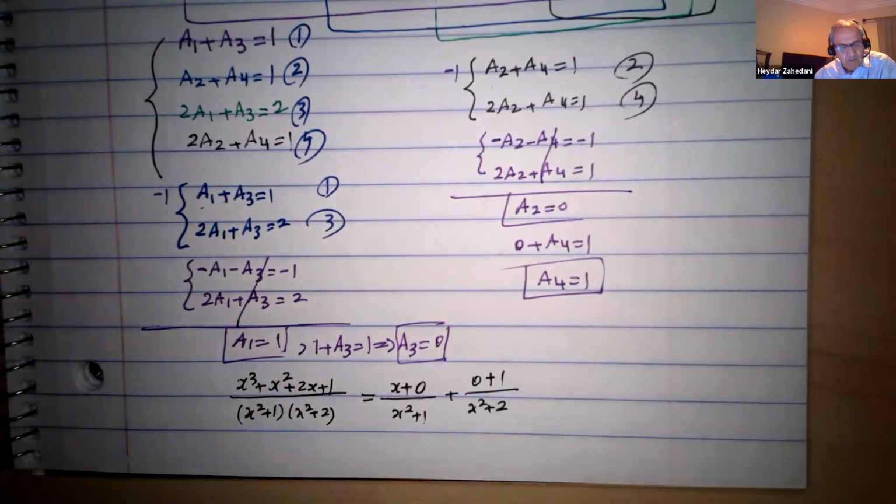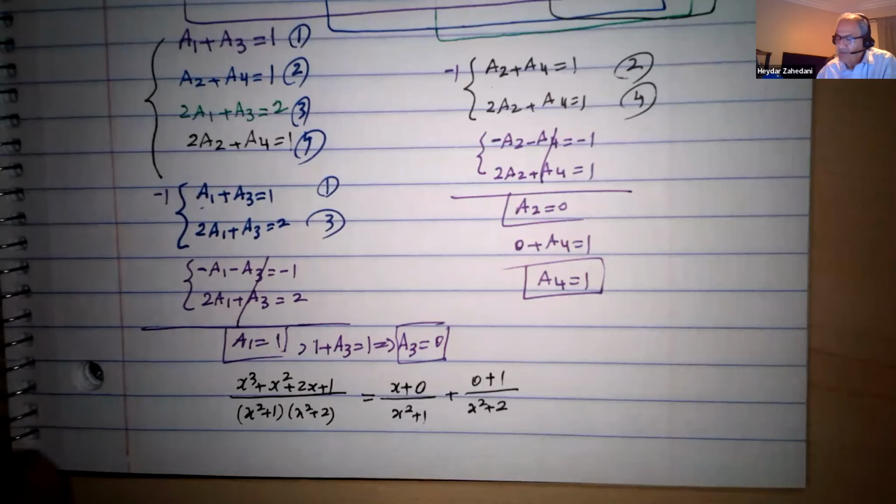Okay. Let's double check it, make sure that everything seems to be all right. It's going to be x over x squared plus 1. Use some numbers. Seems to be all right. My note is a little bit different, but I think that's correct.